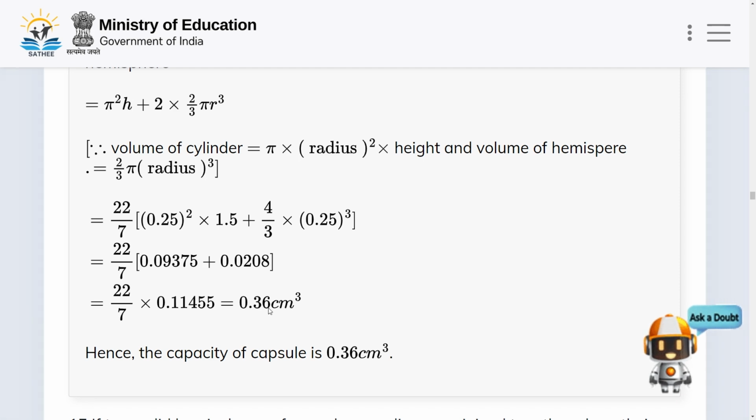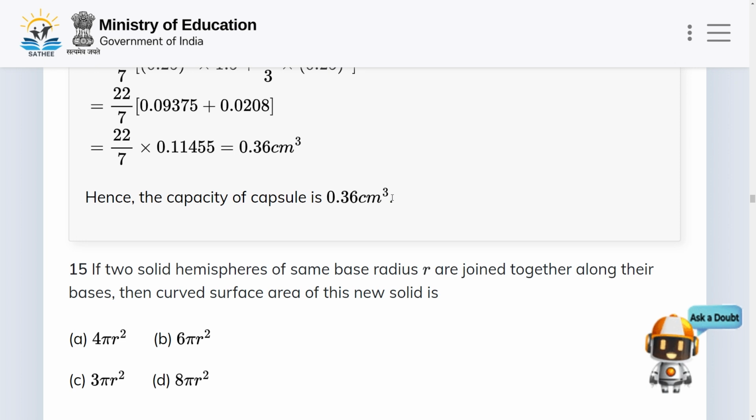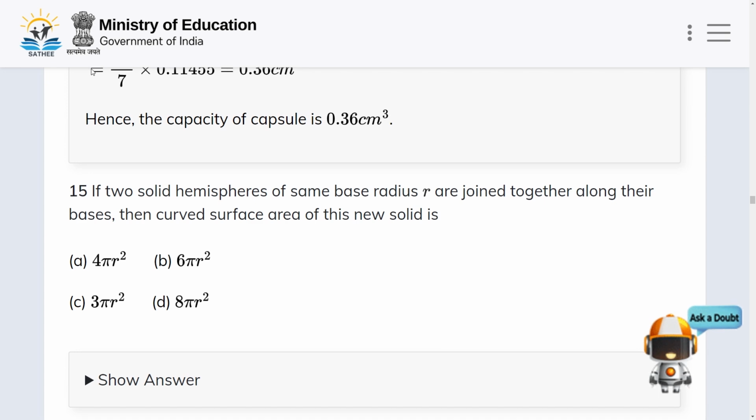Now substituting the values of radius, height, and so on, we'll get 22 by 7 times 0.25 square times 1.5 plus 4 by 3 times 0.25 cube, and this is equal to 22 by 7 times (0.09375 plus 0.0208), which is 22 by 7 times 0.11455, that is equal to 0.36 centimeter cube. Hence the capacity of the capsule is 0.36 centimeter cube. Now let us move to the next problem.